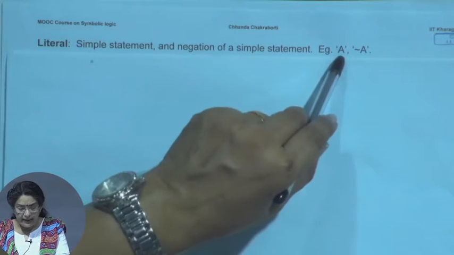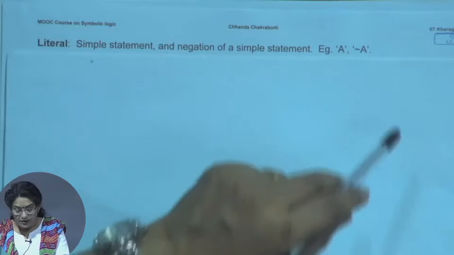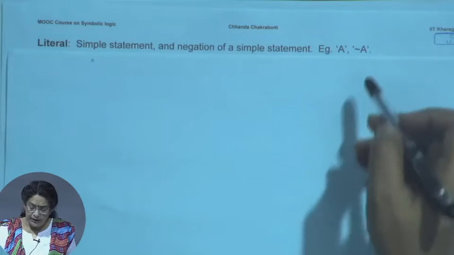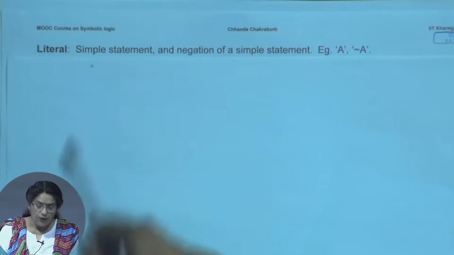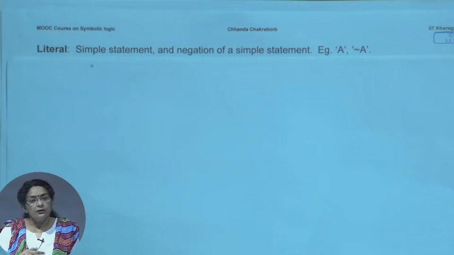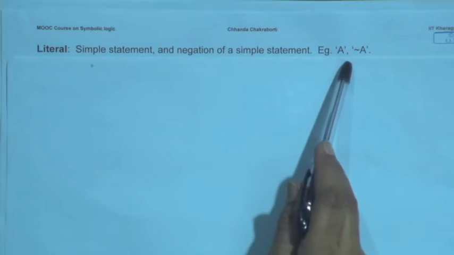So, for example, A would be a literal. Similarly, not A or tilde A also would be a literal. Fine. So, once more. Literals would mean not compound statements, but simple statements such as A, B, C, capital, we are using constants. So, either that or negations of those simple statements.